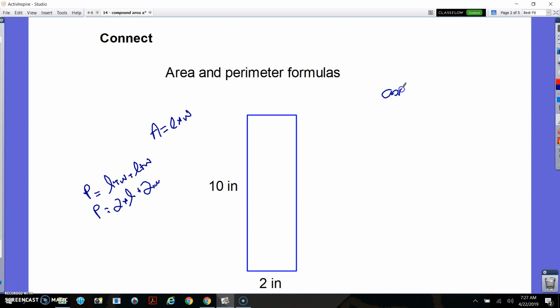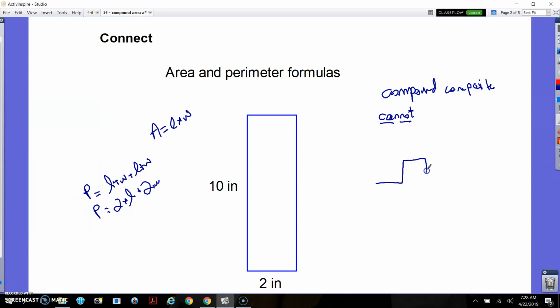This idea of compound or composite figures that we're going to start today are ones like this. Compound, you probably know like compound word, like cannot, where there's 2 words put together. A compound figure is like 2 rectangular figures put together.